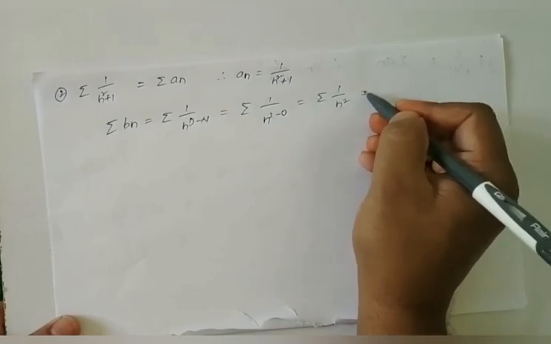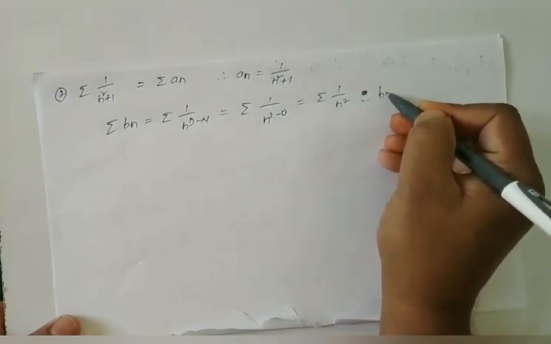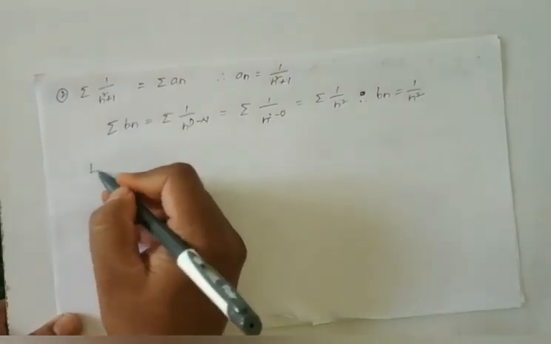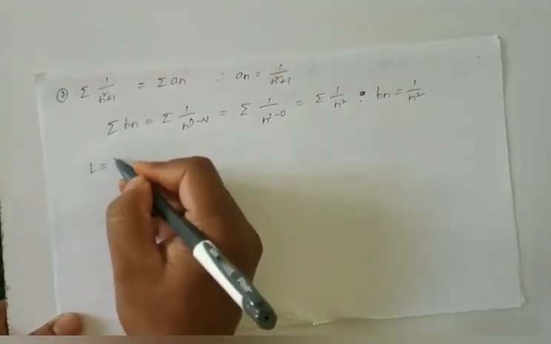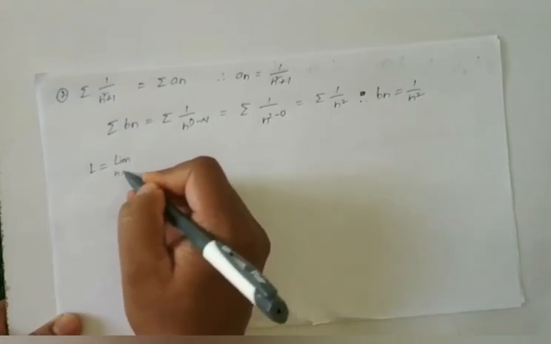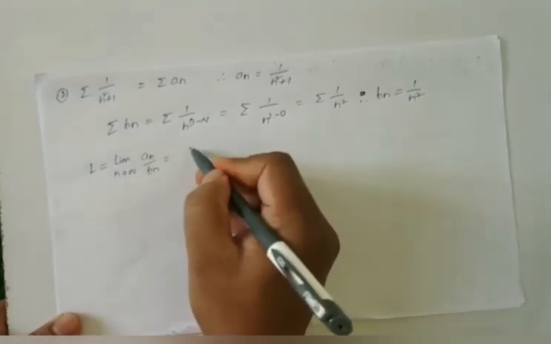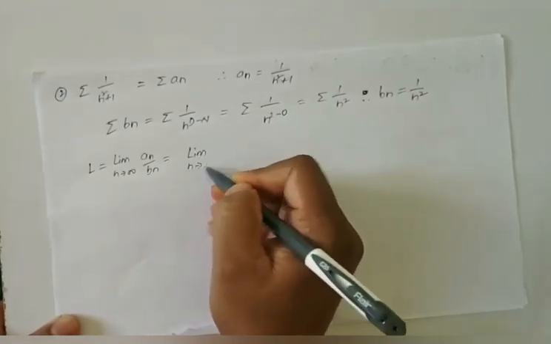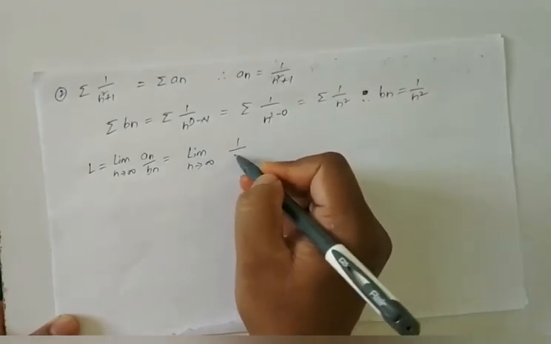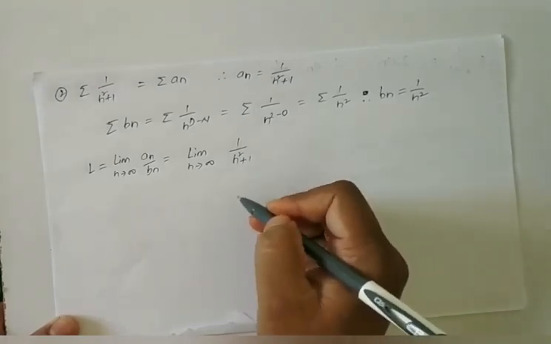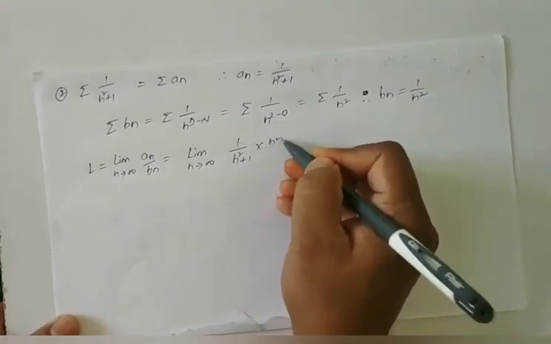Therefore bn is equal to 1 by n square. After that we have to find the limit: limit n tends to infinity an by bn is L, which is 1 by n square plus 1 divided by 1 by n square, that is n square by n square plus 1.